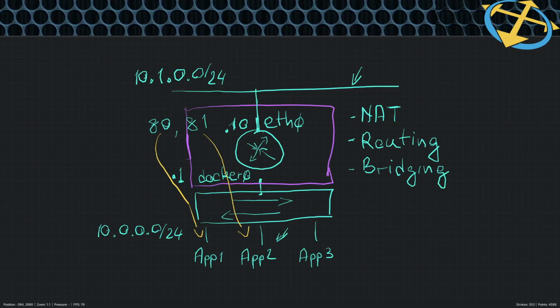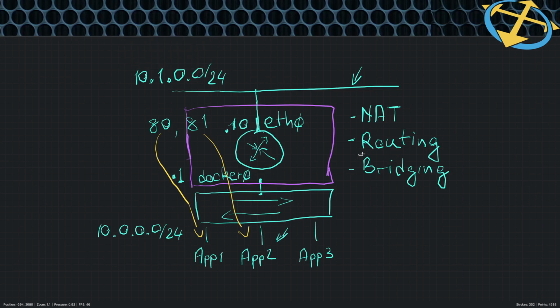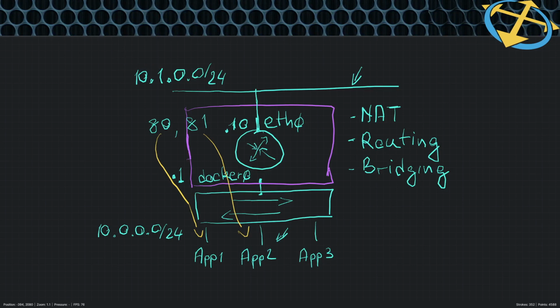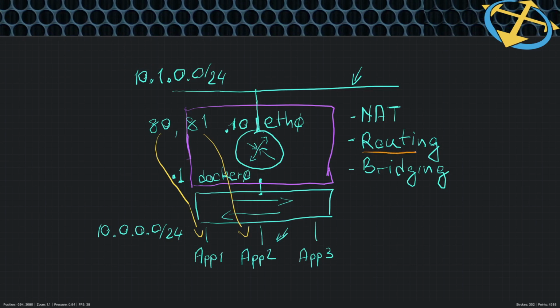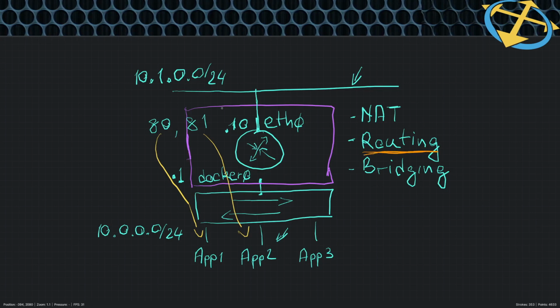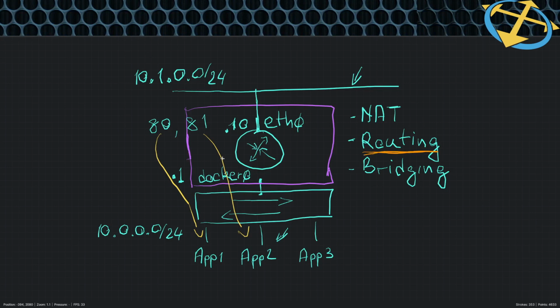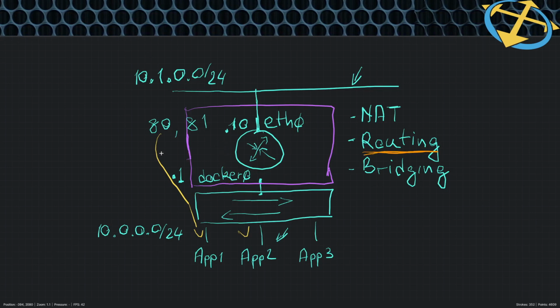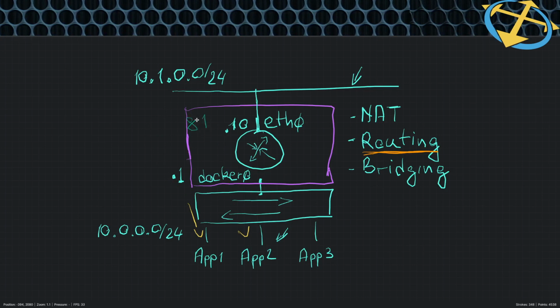I'm doing routing. So let's see how we go about this. This is the routing scenario, and also let's delete this and this and also this.